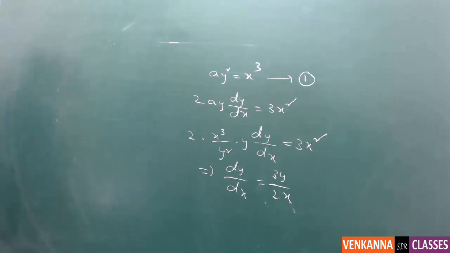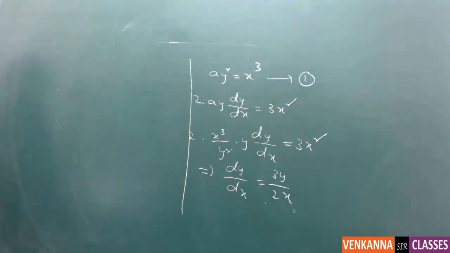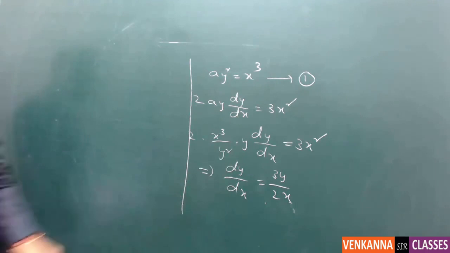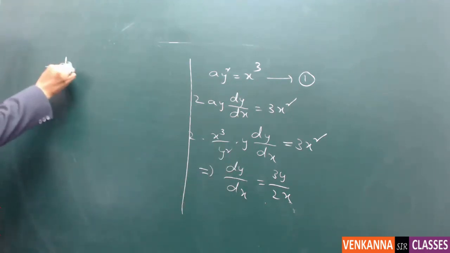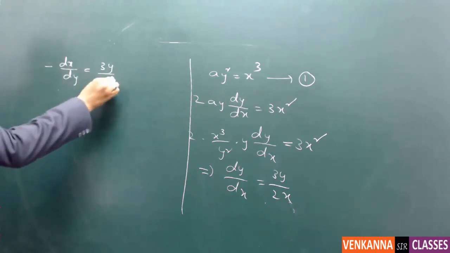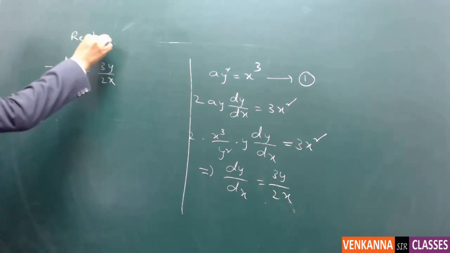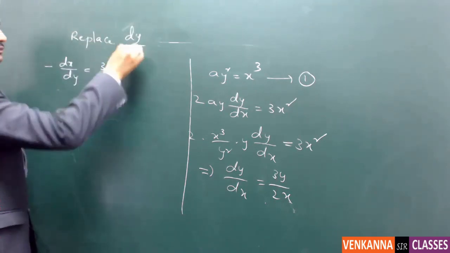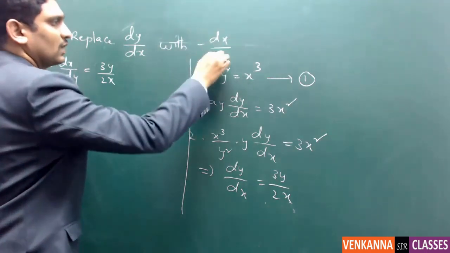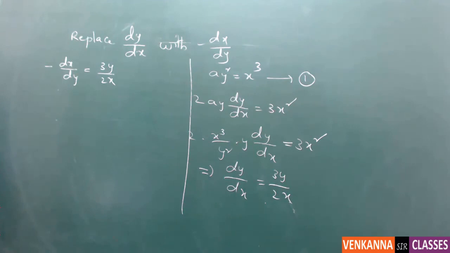Right. Now, to determine the orthogonal trajectory, we are going to replace the slope. So if you replace dy by dx with minus dx by dy, it is equal to 3y by 2x. So we have to mention that replace dy by dx with minus dx by dy.